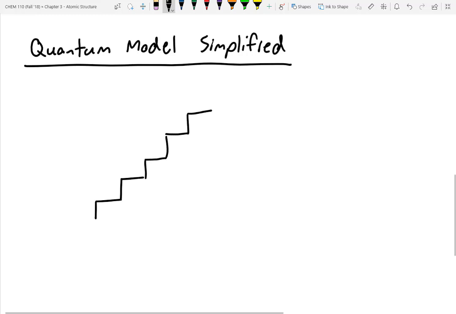So for example, this first stair step, we can fit 2 electrons. And then when we run out of spots on that step, we have to go up 1 step. It seems kind of intuitive, but they didn't know that for a long time. The key takeaway is that electrons can't be halfway up a step.